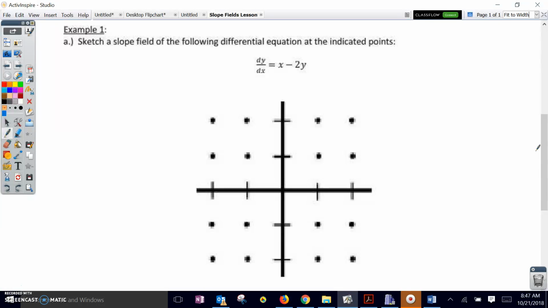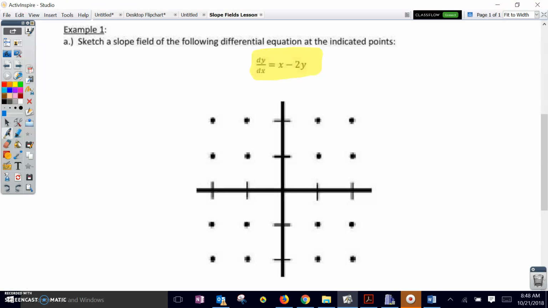So basically all I'm going to do is take this differential equation, dy/dx equals x minus 2y, and substitute in the x and y coordinates at various points and calculate what the slope would be at that point, and then just sketch in a little hash mark representing that slope at each of those points.